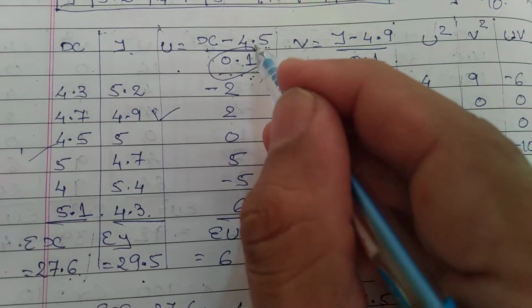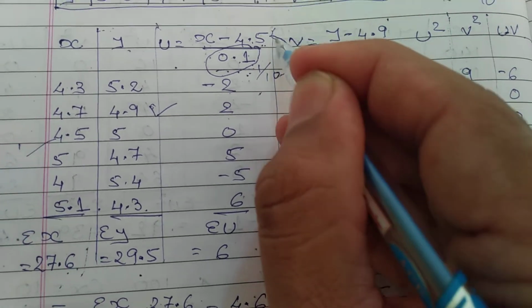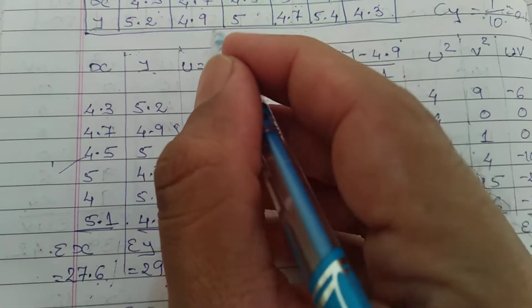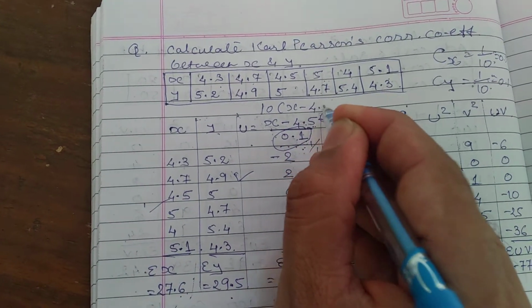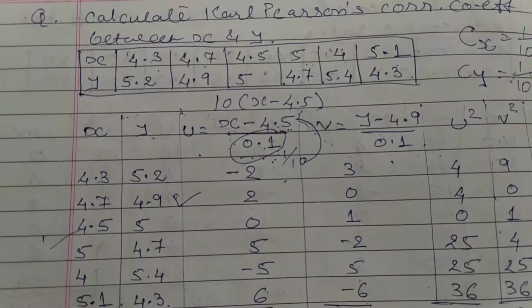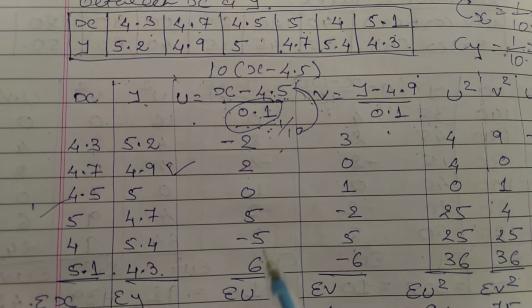Now, the denominator goes to the numerator. That means you can consider such a thing as 10 into x minus 4.5. So by that way, your calculation will be easier.